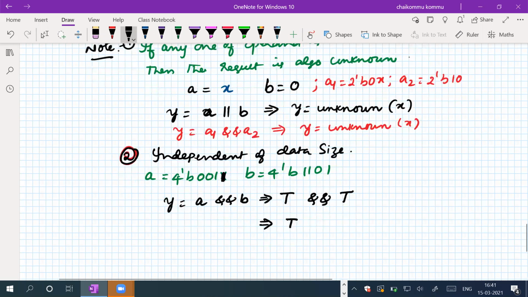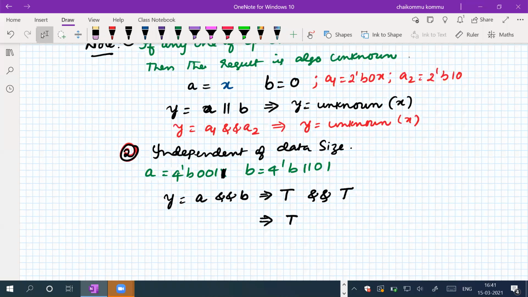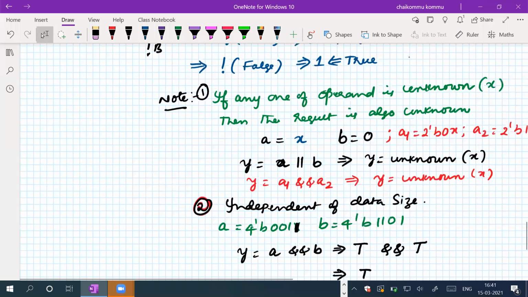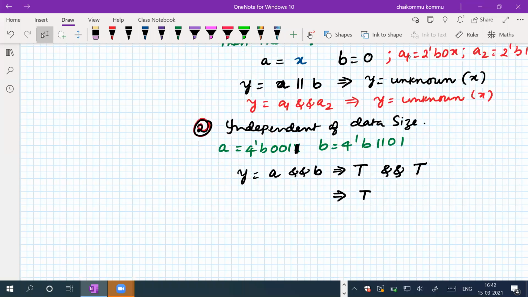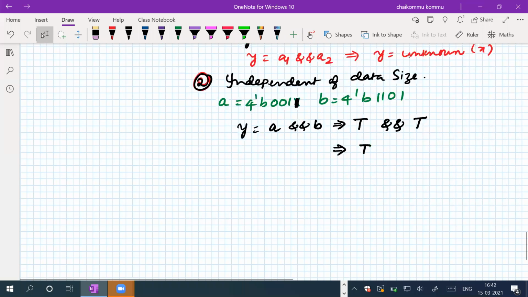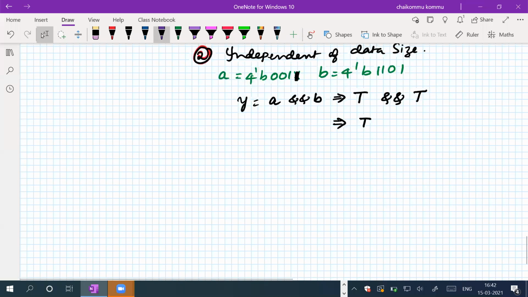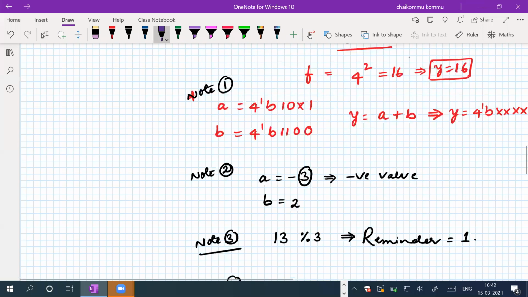Okay. Next, another one is relational operator. The third one is relational operator.